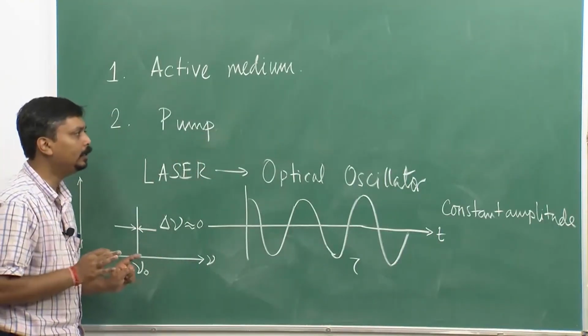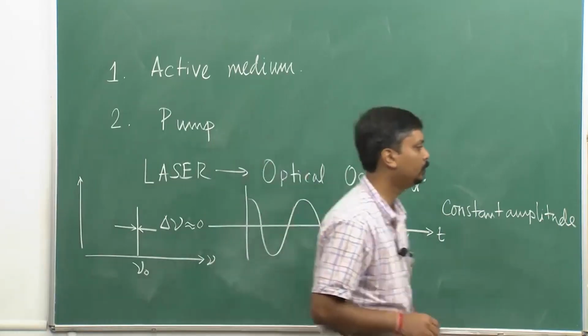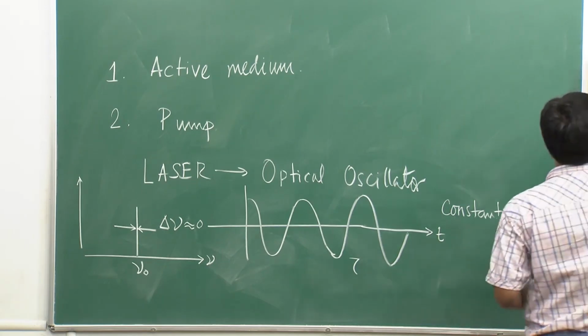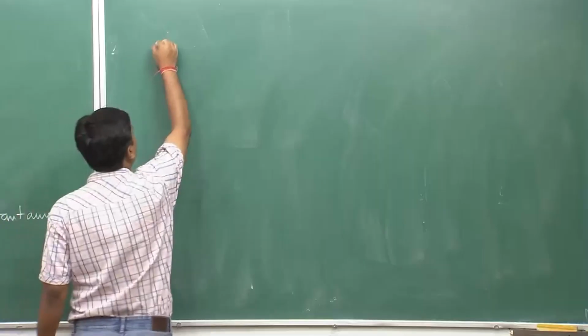Now, let us consider a practical system, because we are talking about oscillators. The oscillator that comes to our mind, if we start talking about any oscillator, is the simple pendulum, right.